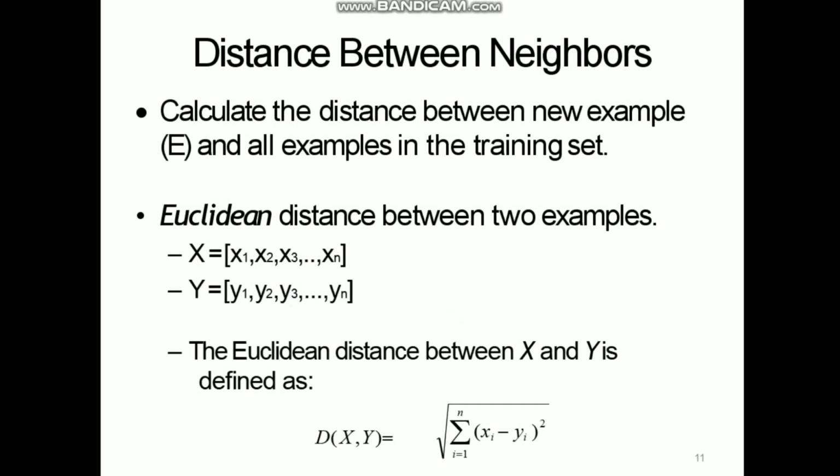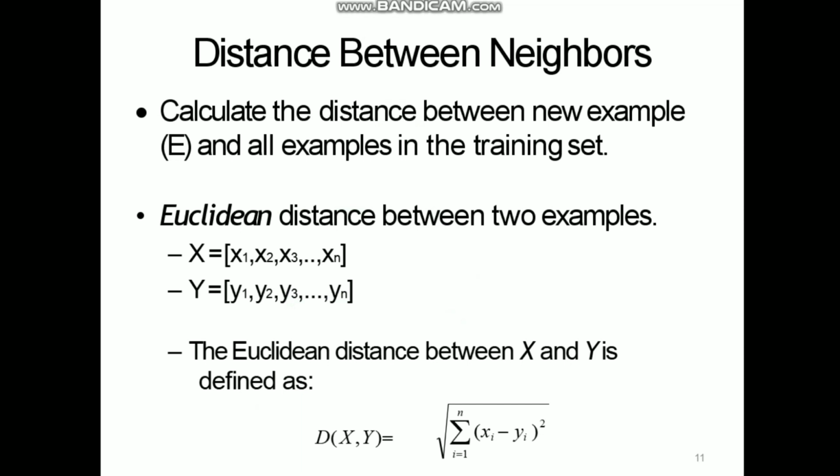Here we have one explanation of the Euclidean function. To calculate the distance between two samples, let's say samples x and y, where x1, x2, x3 up to xn are the variables of x, and y also has the variables y1, y2 up to yn.